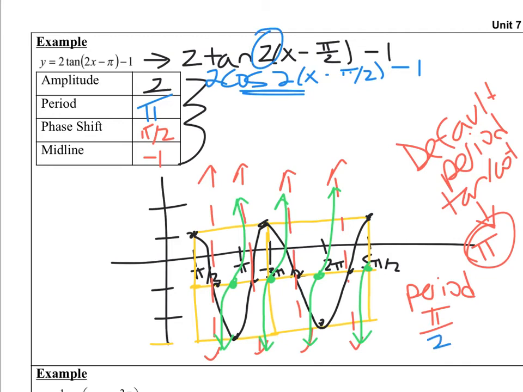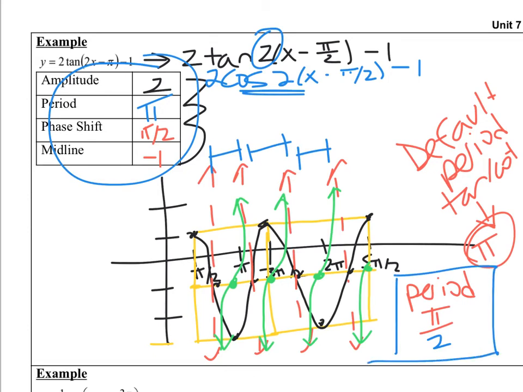So my period is pi over 2, and I can look at that on my graph that it's taking pi over 2 to repeat. So I'm still going to do my table in terms of sine and cosine, regular 2 pi over b. But if I ask you what the period of tangent would be, it would be pi over 2. It's going to be half of that. So let's look at another example.